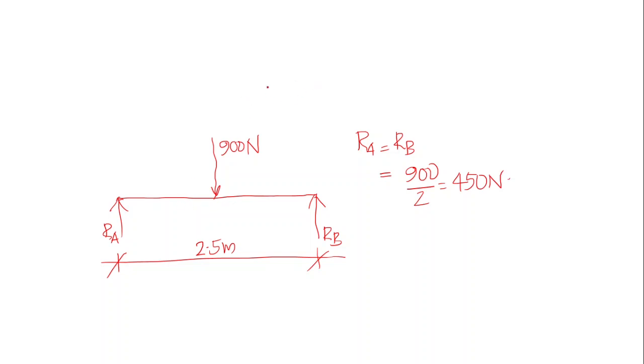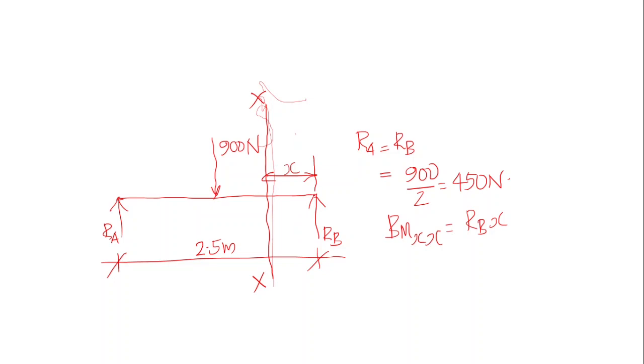Then we can draw a cross section like this, xx, and we can take this length as x. Then bending moment at a cross section xx is equal to Rb into x.